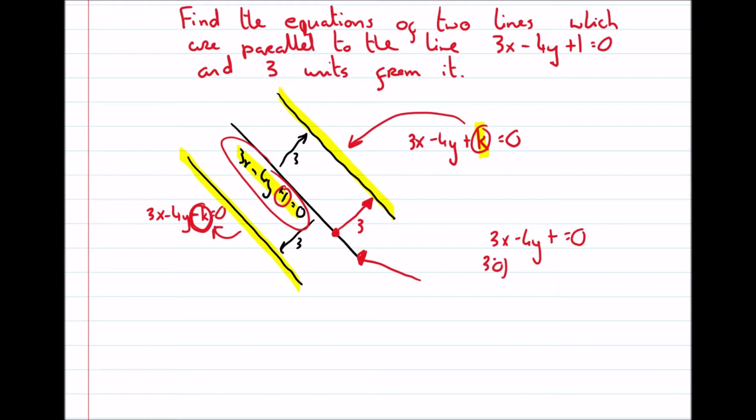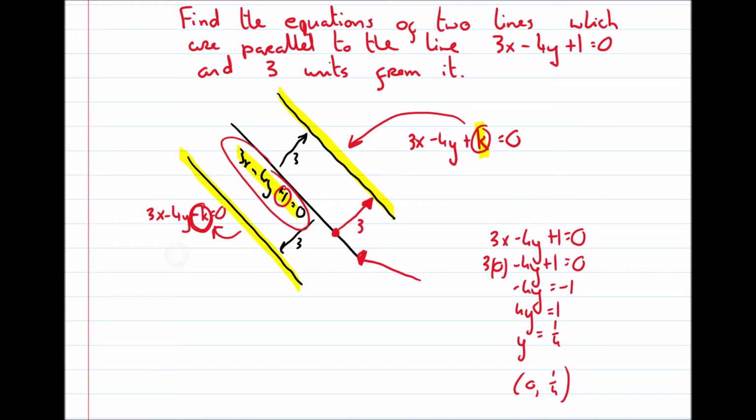So 3 zeros minus 4y plus 1 equals 0. So minus 4y equals minus 1. So 4y equals 1. So y equals a quarter. So the point is (0, 1/4).